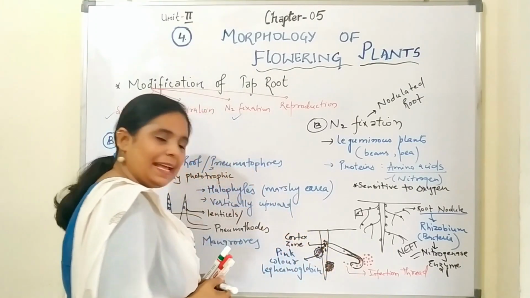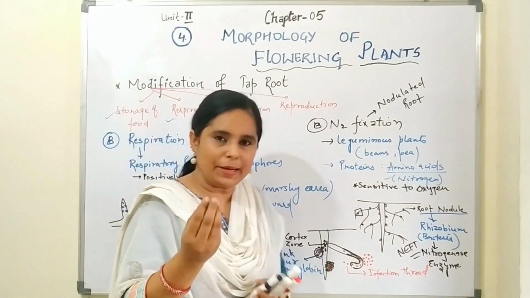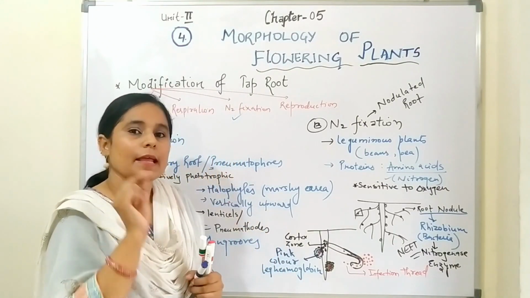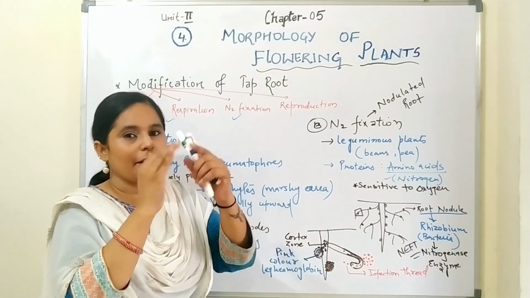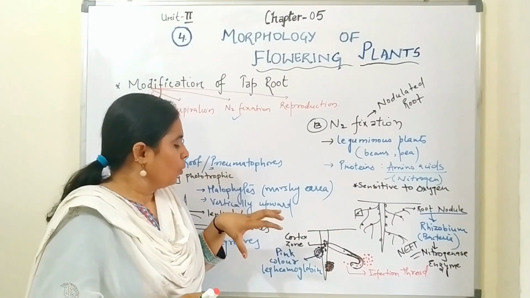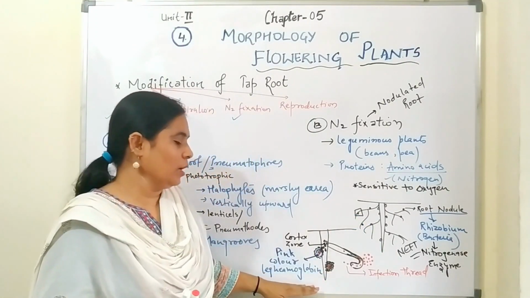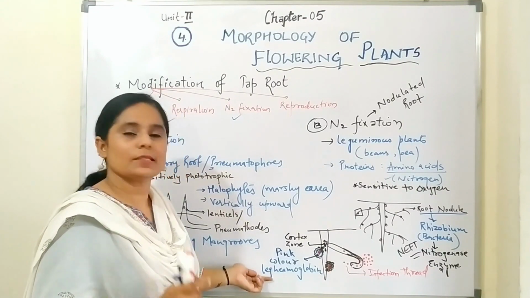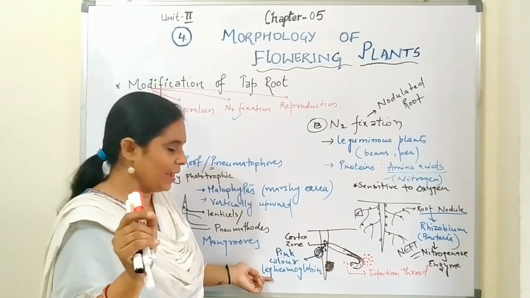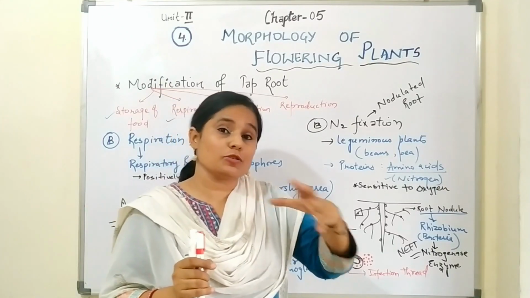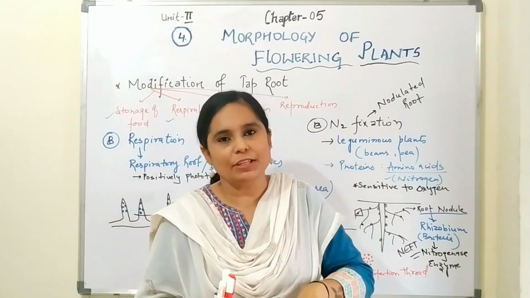Fine. Leg hemoglobin is a pink color pigment which is present in root nodules around the bacteria, which is also known as these leg hemoglobin. Leg means leguminous. Fine. So these are the pigment which are also called as oxygen scavenger.